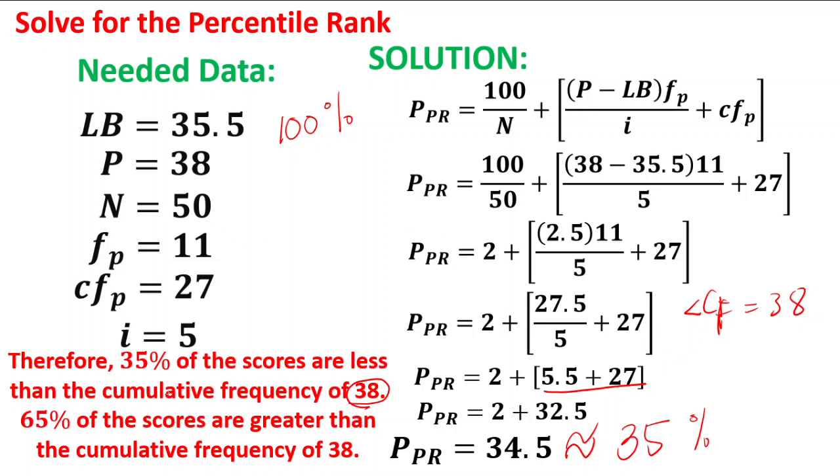So, 100 minus 35, that is equal to 65. So 65% yung greater. Okay, so 35% of the scores are less than the cumulative frequency of 38. Mas mababa daw kay 38. And 65% of the scores are greater than the cumulative frequency of 38. Okay, so that's how you solve for percentile rank.